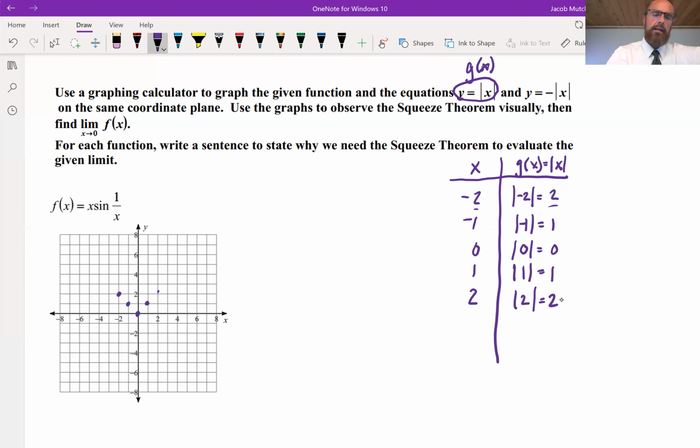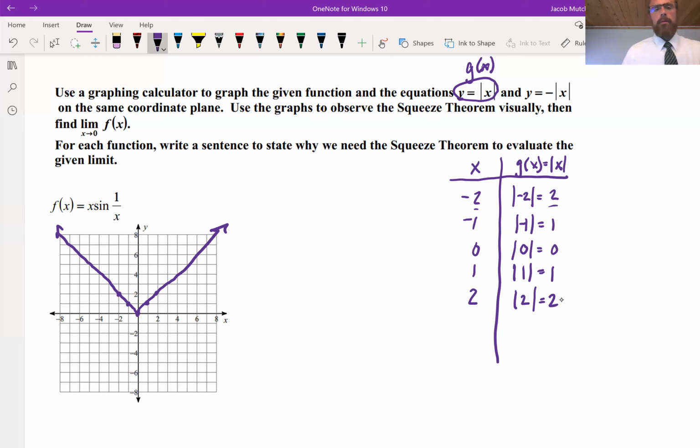And what we get when we connect those points is this kind of very linear V. And that is our absolute value function. Let me get that left side better. All right. Now I got to get the right side better. That's what happens when you try to get it right.